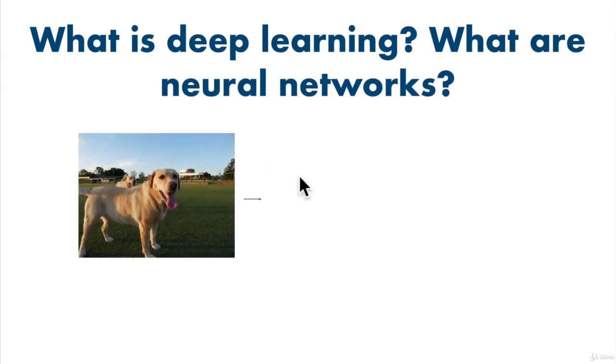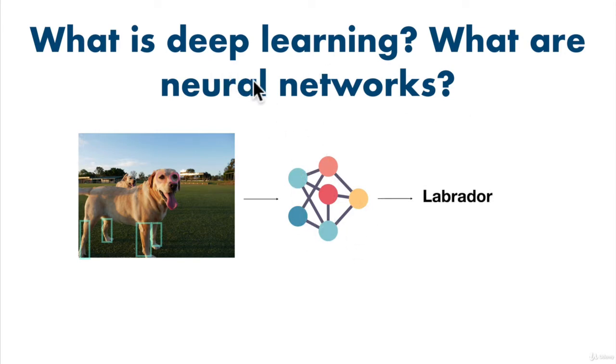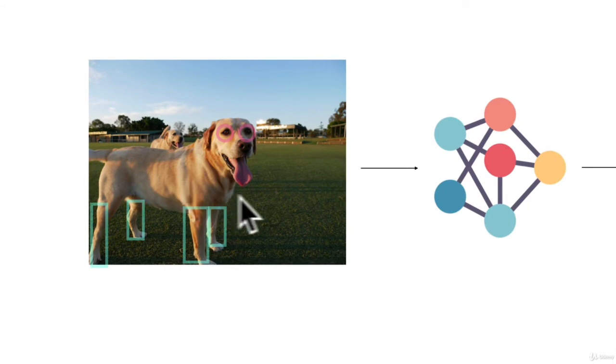Now you might be asking, what is deep learning and what are neural networks? Well, I want you to think of it like this. Deep learning is just another form of machine learning. And neural networks, something like this, are the type of machine learning algorithm that are usually referred to when we talk about deep learning. And so, if we have this image of a dog and we're trying to identify, that's my dog, 7. How beautiful is she? And that's Bella in the background. But let's say we're trying to identify the breed of 7.